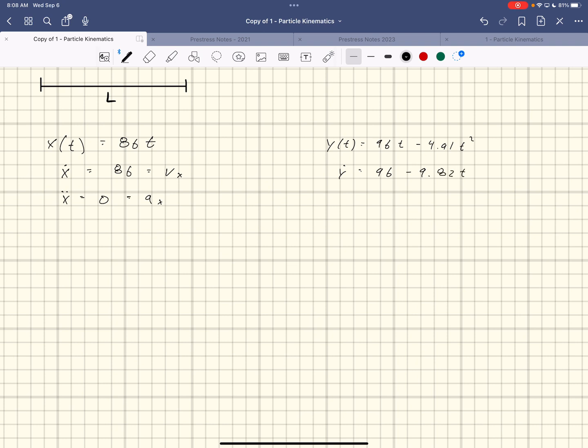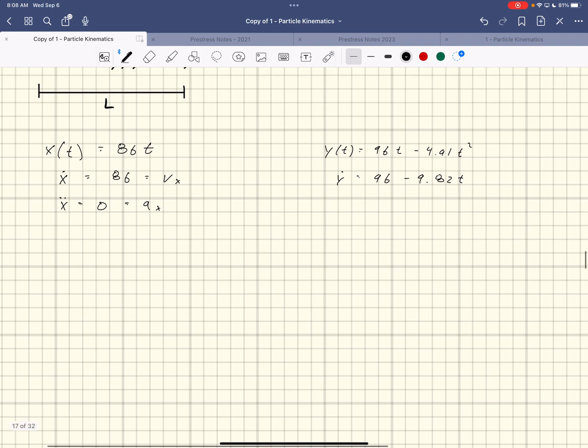Just taking the derivative of it. So 2 times 4.91 gives us 9.82. This is going to be what vy is, and take the second derivative is equal to negative 9.82. And that's going to be ay. So not quite gravity, just some rounding error stuff going on in there.